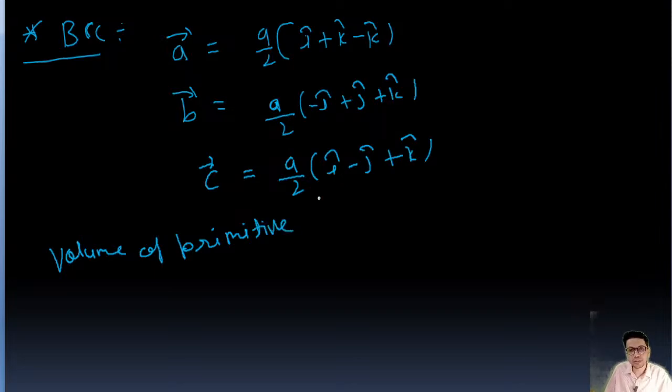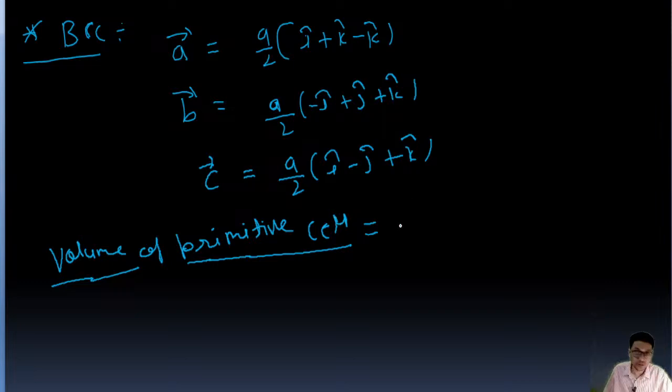The volume of the primitive cell means the volume of the primitive unit cell. So what will be the volume of the primitive cell for BCC?